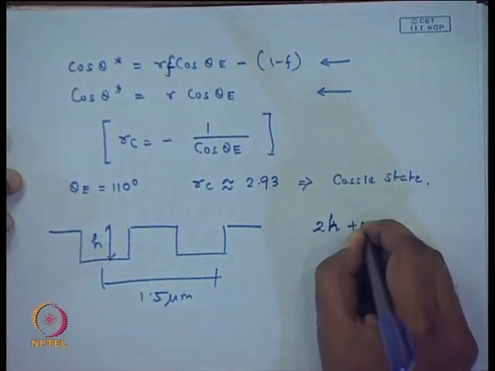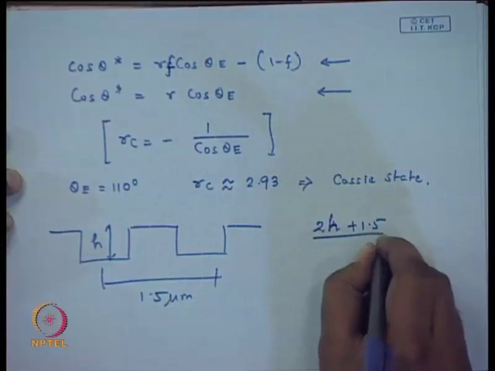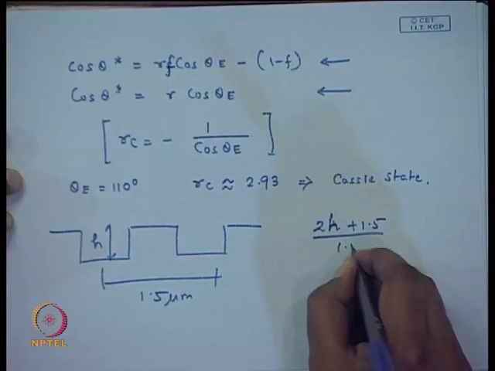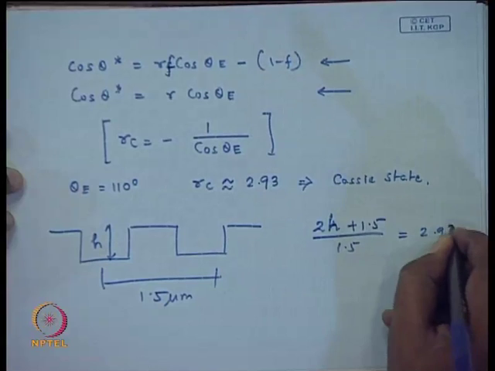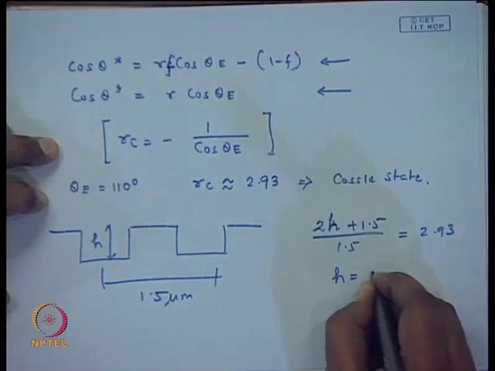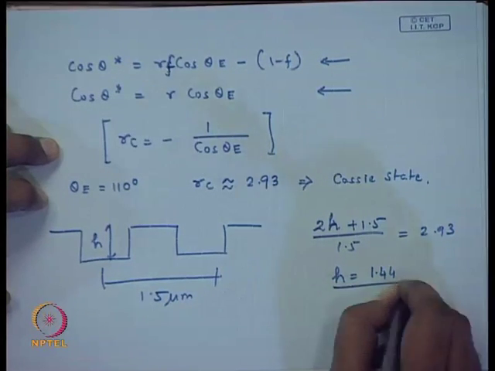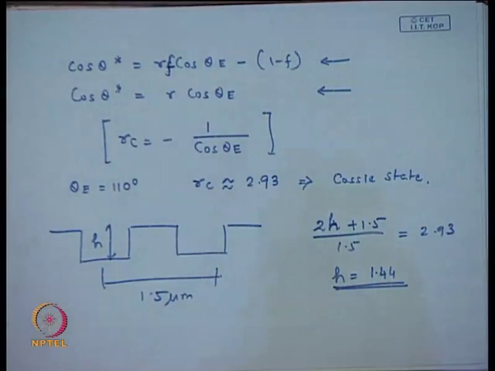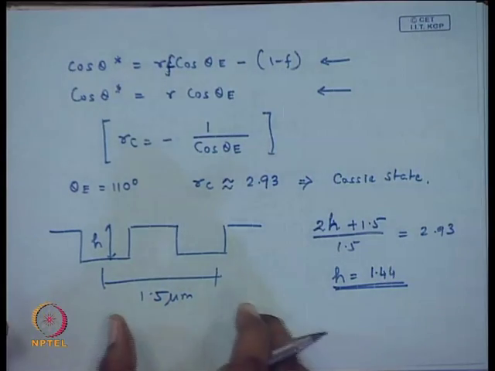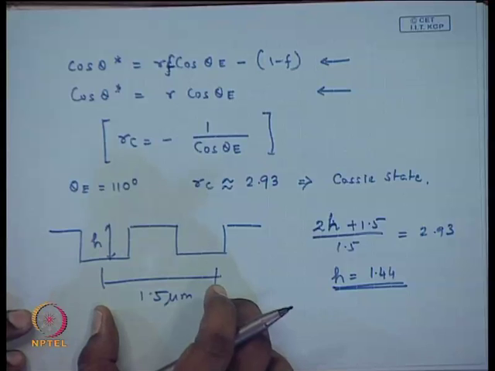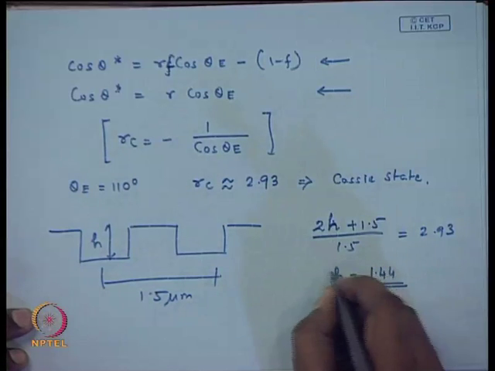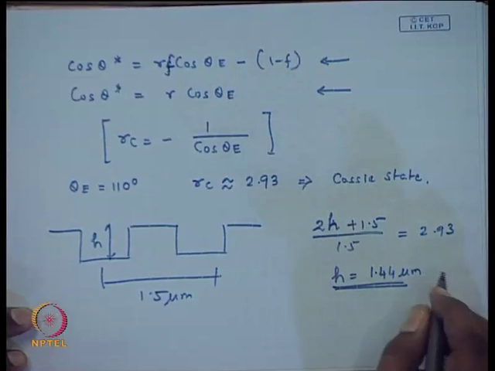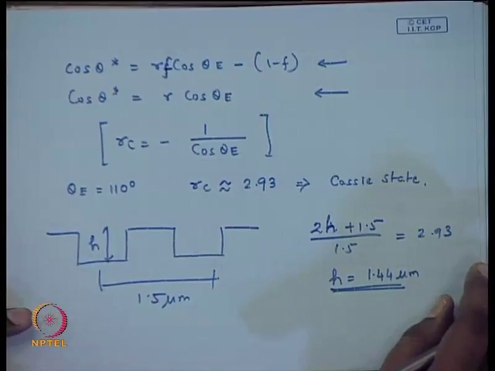You can write (2h + 1.5) divided by 1.5 equals 2.93, and solve for h to be roughly 1.44. So, for a grating structure with a periodicity of 1.5 micron, the minimum feature height should be 1.44 micrometer in order to achieve a Cassie state of wetting.